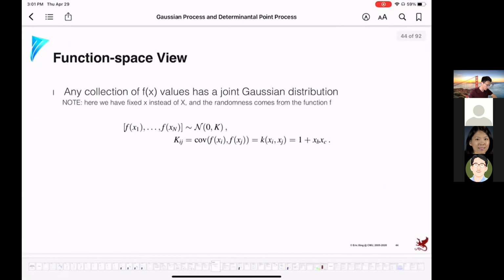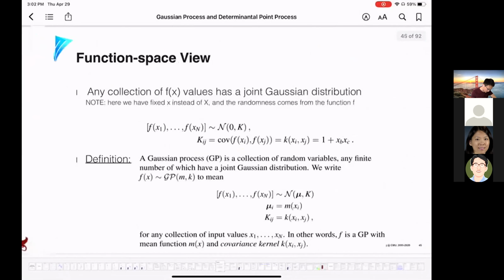So I just want to make sure I cover these things first before the definition. Right now, we just saw one example of f(x), and we just said it can be a Gaussian distribution over these functions, and then we can specify the covariance between any 2 points, like the covariance between f(x_i) and f(x_j).